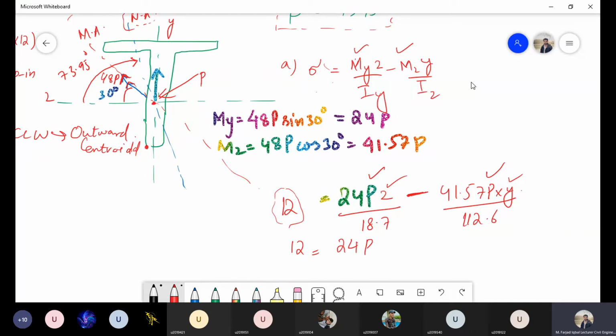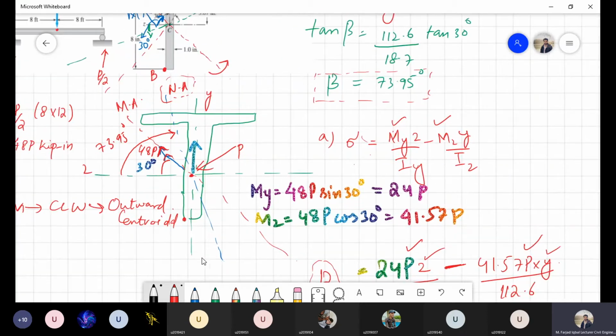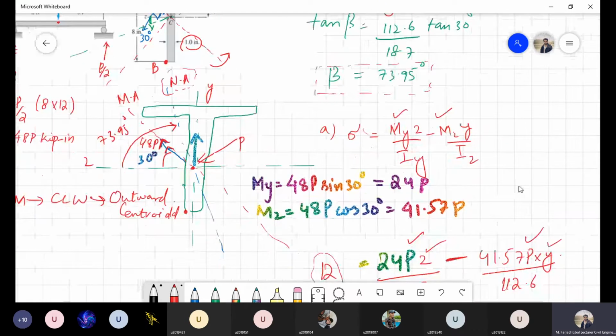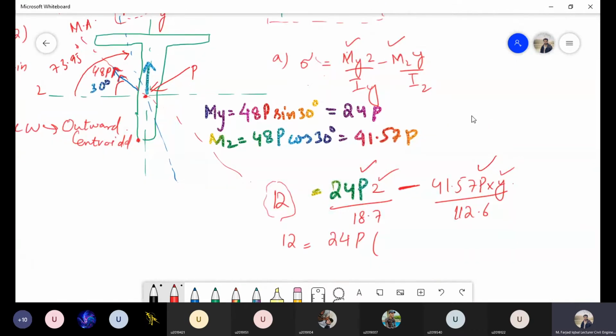So that will be 24p and z at this point B. What is the value of z? Over here, if you look into this one, we are provided with the thickness, and the value of z will obviously be half of this thickness. So that will be 0.5 divided by 18.7.